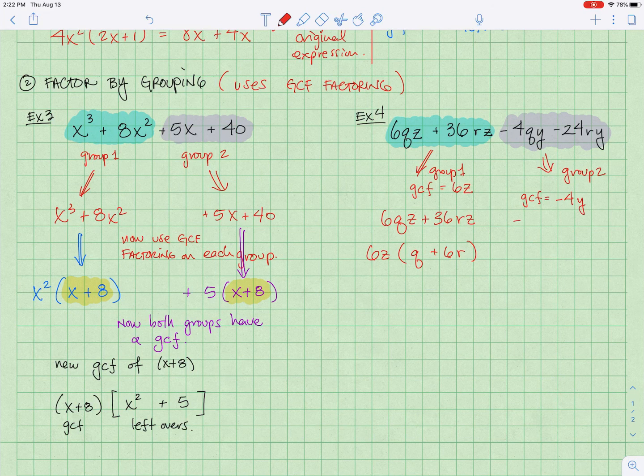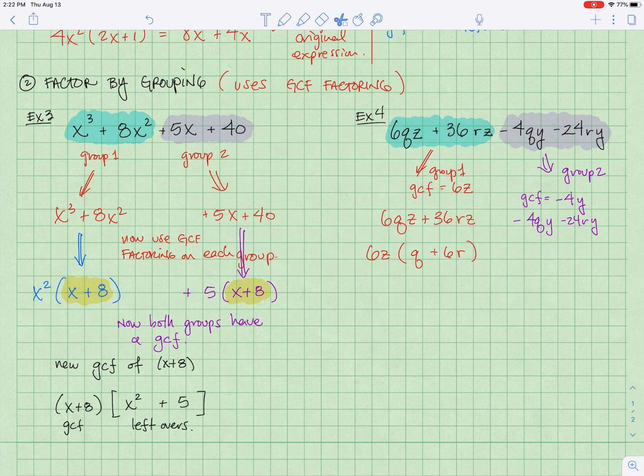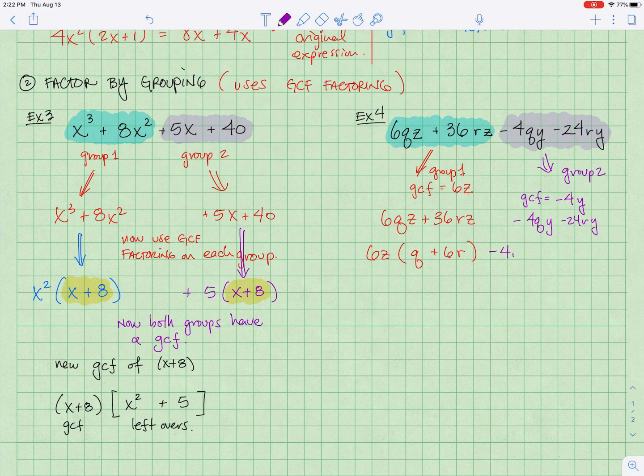So for negative 4qy minus 24ry, when we pull out that GCF of negative 4y, our leftovers in the first term of the second group is q.